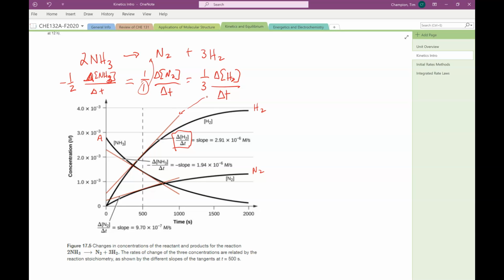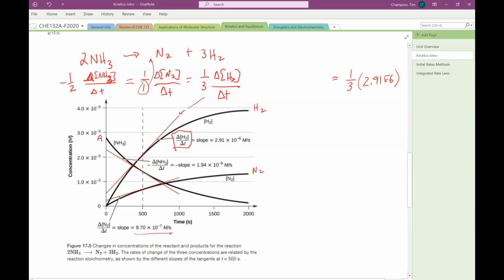what you'd see is, if we look at the numbers we have here, this is showing up as 2.91 times 10 to the negative 6. So 2.91 E-6 is the H2 rate, and the N2 rate is down here.